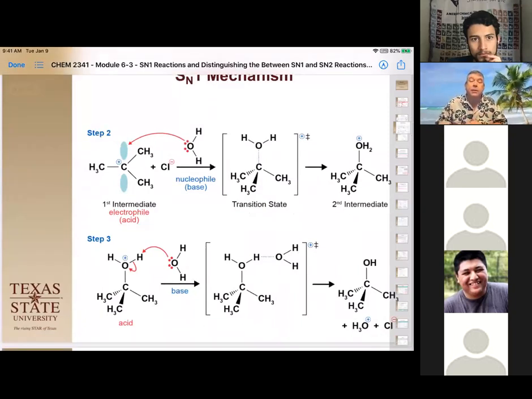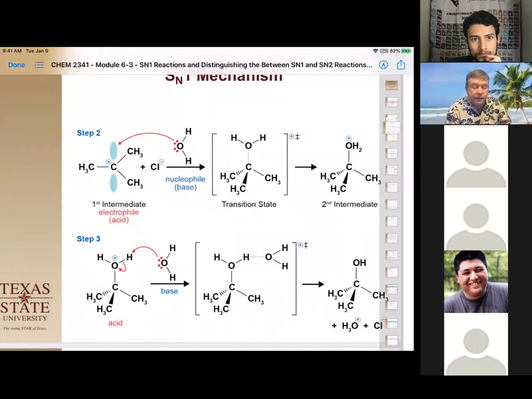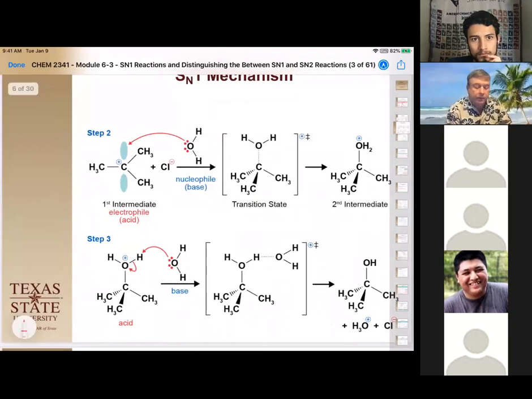And in this case, we do have the attack of a neutral species, meaning that when we're starting to form this transition state, these electrons are starting to get into that empty orbital and starting to form a new bond and changing the hybridization back to that sp3 until we form our new sigma bond. But because we attacked from the neutral species, we had a positive charge and a neutral charge.